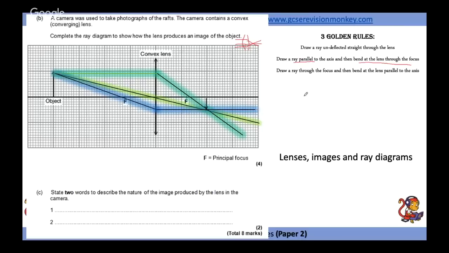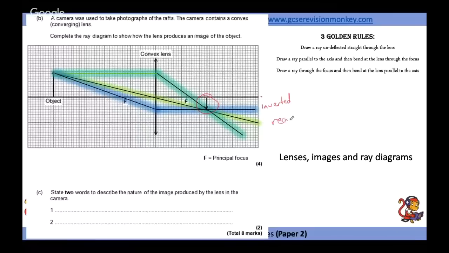And I'm going to see that my image is where the rays cross. Okay, so I'm going to keep the base of the object on the axis, and then I'm just going to draw the top of the object, just like the light comes from the top of the object here, that light is going to be at the top of the image there. Now I can say that this image here is inverted, upside down.